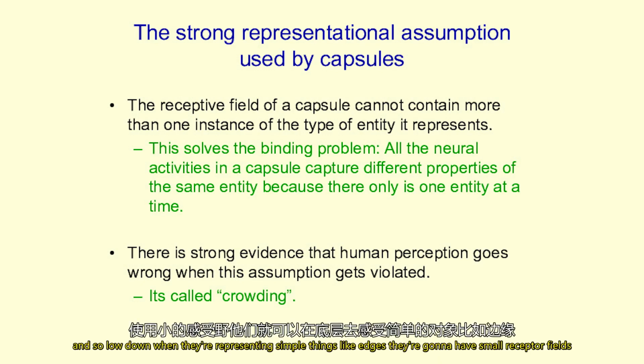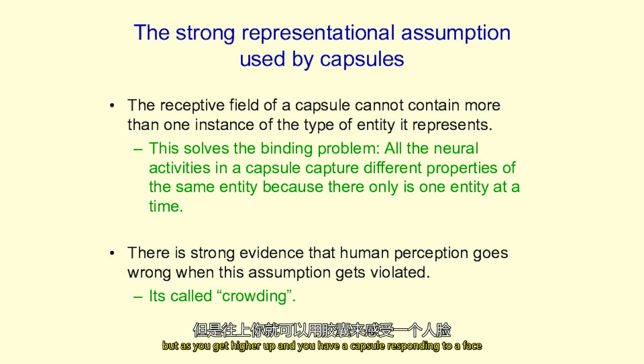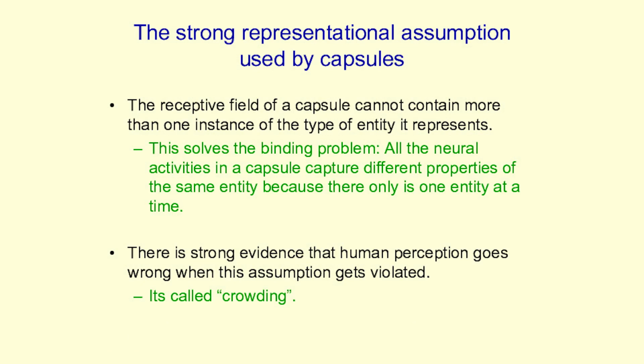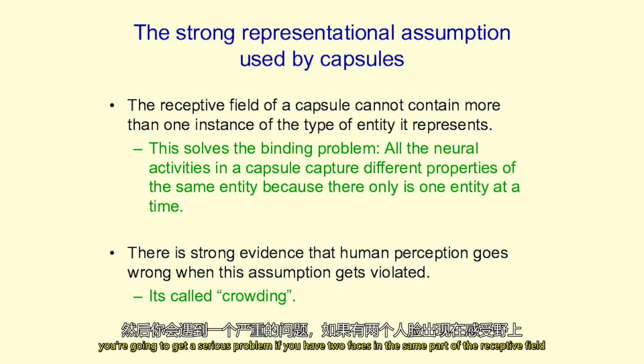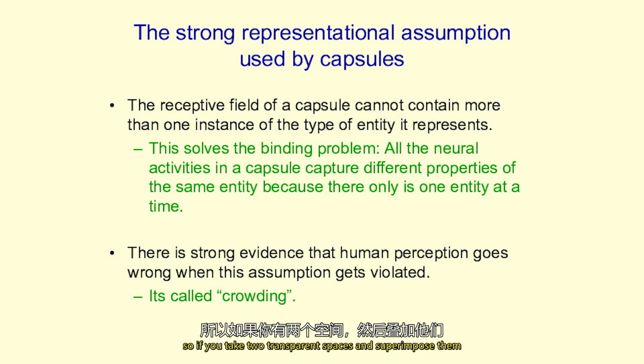Low down, when they're representing simple things like edges, they're going to have small receptive fields. But as you get higher up and you have a capsule responding to a face, you're going to get a serious problem if you have two faces in the same part of the receptive field. If you take two transparent faces and superimpose them, you'll have great difficulty seeing what's going on.